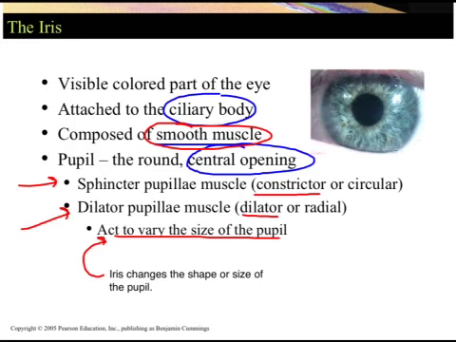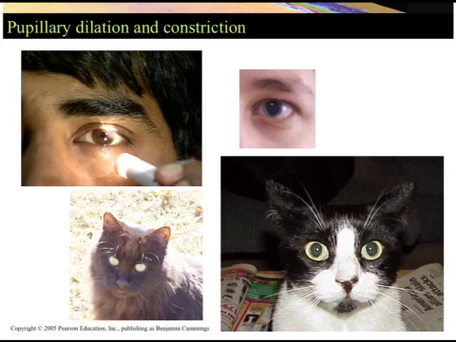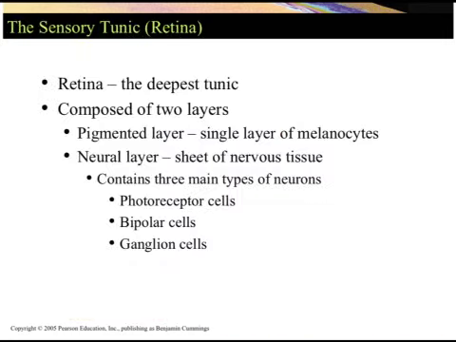We've already tested this part of the anatomy of the eye when we shined light into our eyes and we saw the pupil get bigger or get smaller. We saw it constrict and we saw it dilate. And again, that's the job of the iris.